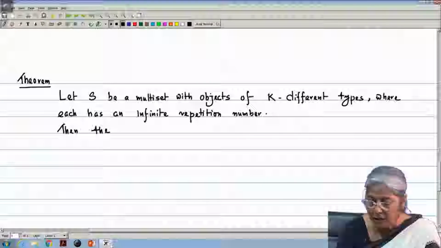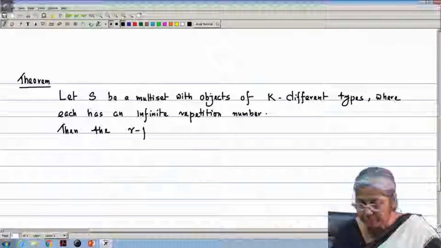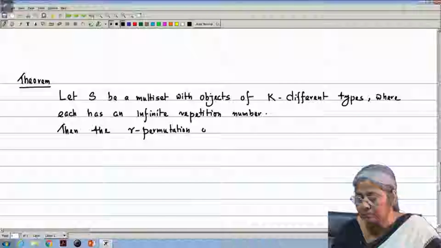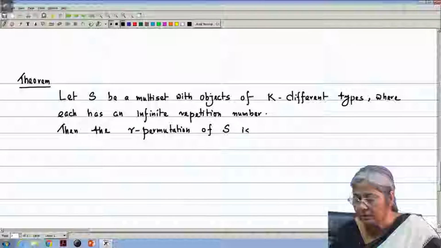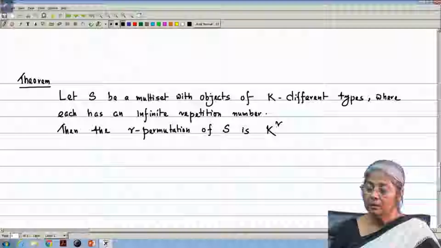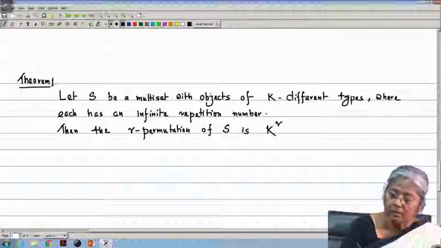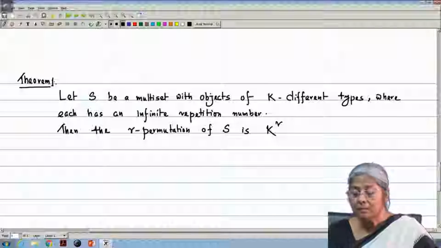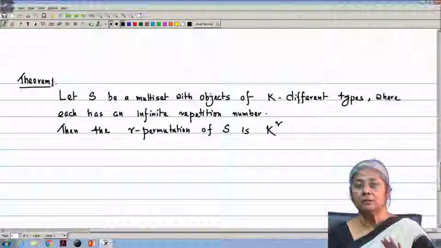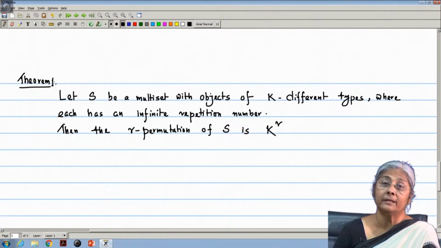Then the R permutation of S is k to the power r. So, the first theorem we consider: the multiset having elements with infinite repetition number, and thereof k different types.